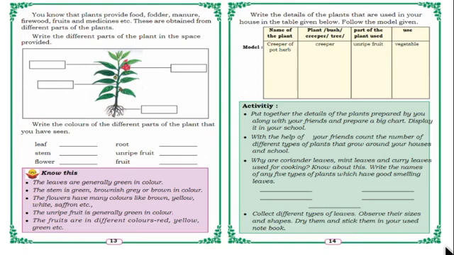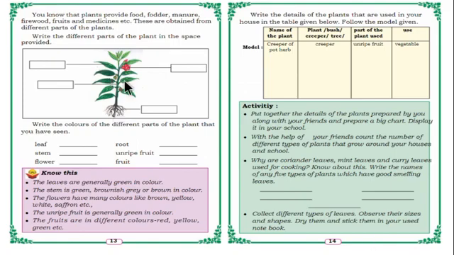So next, children, in your textbook page number 13, you know that plants provide food, fodder, manure, firewood, fruits and medicines, etc. These are obtained from different parts of the plants. From the plants, not only do we use it as food, as a vegetable, they give fodder, manure, firewood, fruits and even medicines also. And now we are going to write the parts of the plant.